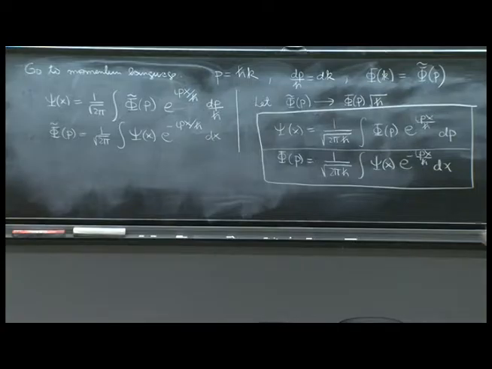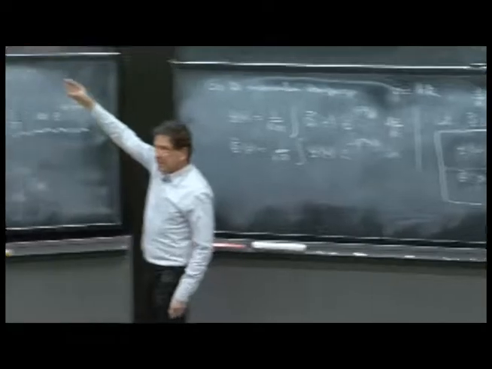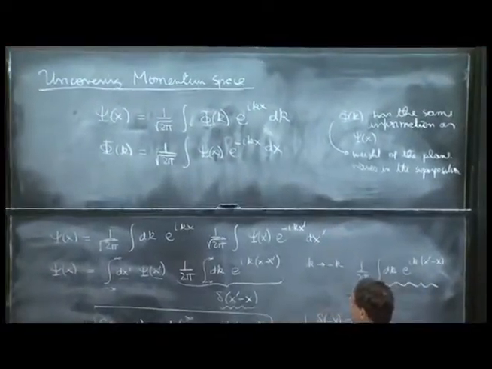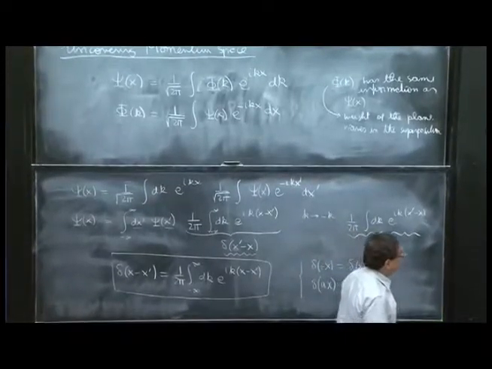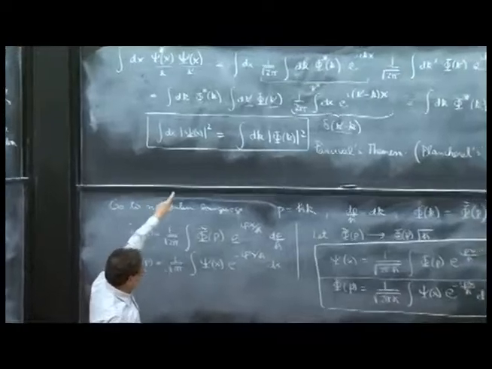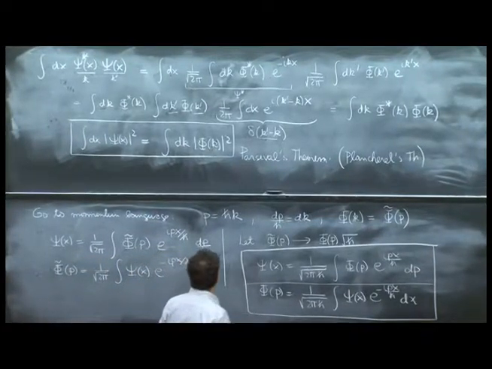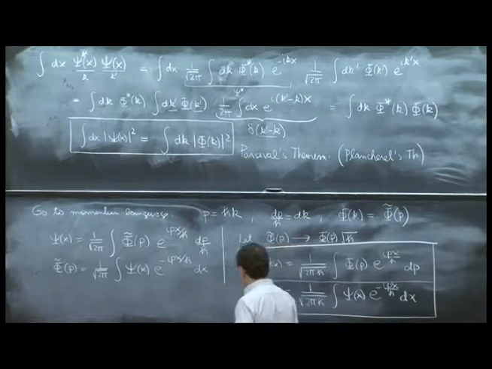But look at the evolution of things. We started with a standard theorem with k and x, then derived a representation for a delta function, derived Parseval's theorem, and finally rewrote this in true momentum language.